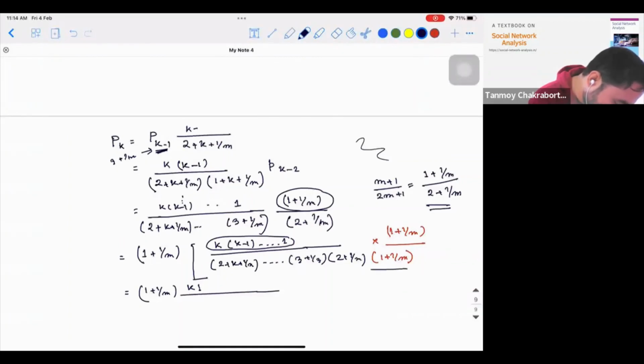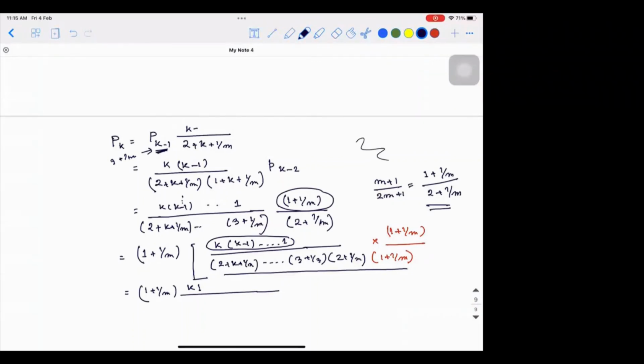If you want to make it in terms of factorial, how many terms are there? If we make it 1 plus 1 by m factorial in both numerator and denominator.